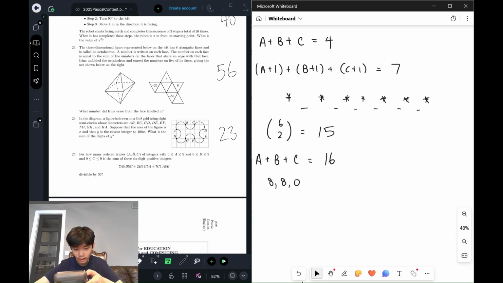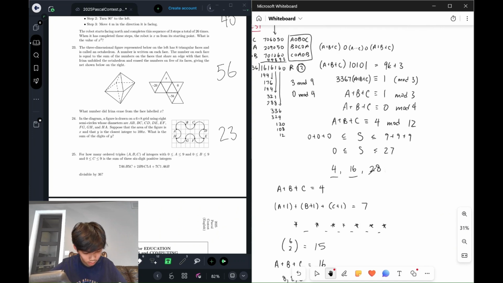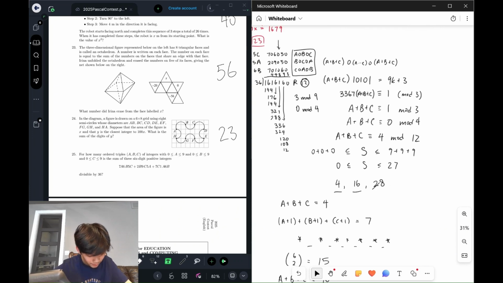When we divide that by 36, oh, okay. I think I've done something wrong, because this does not give an integer, which is a problem.